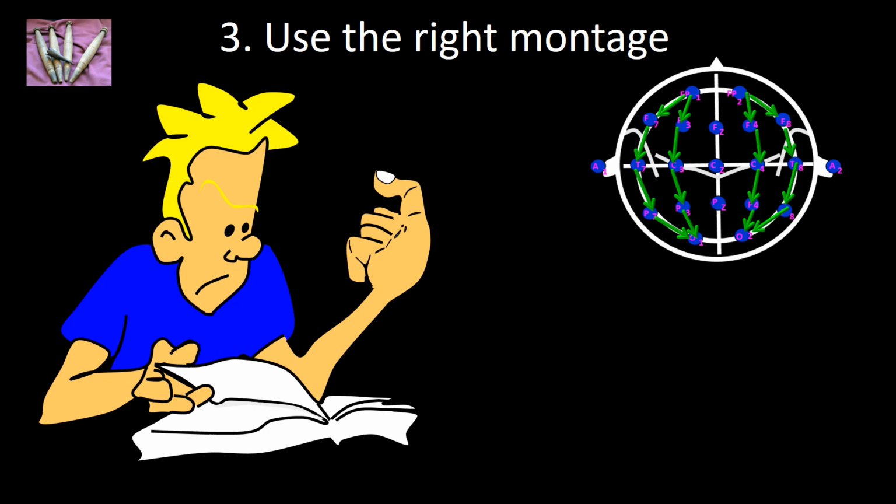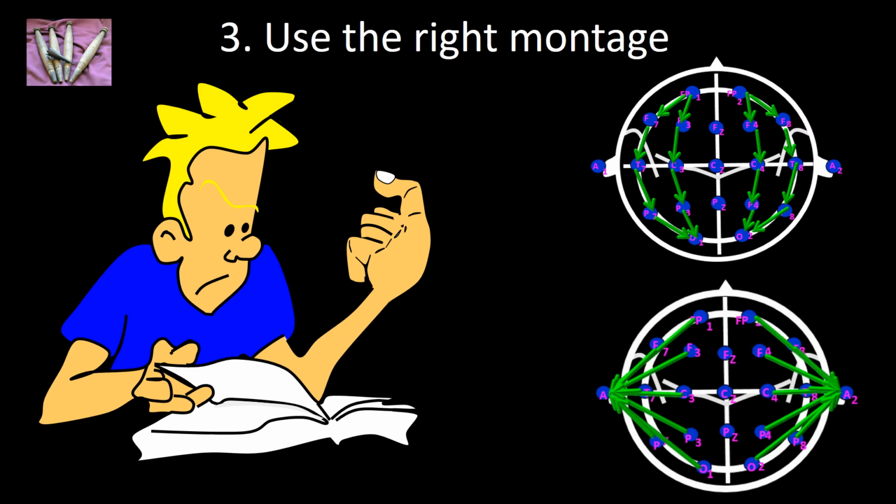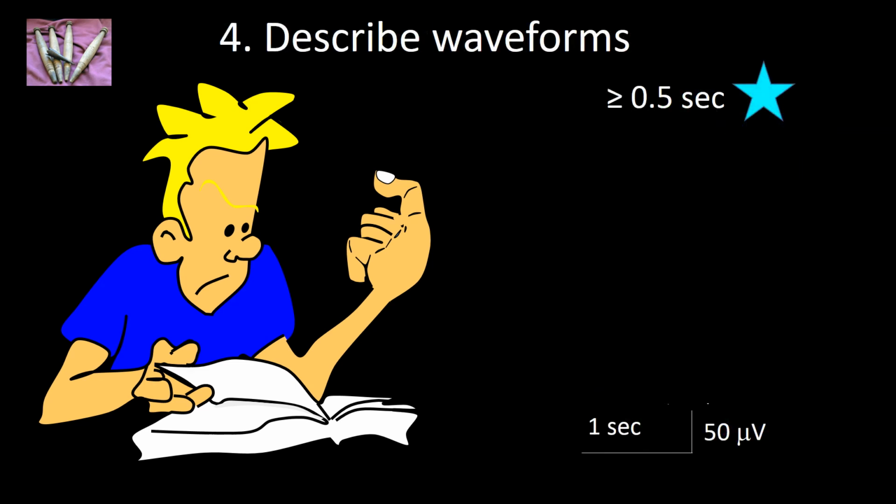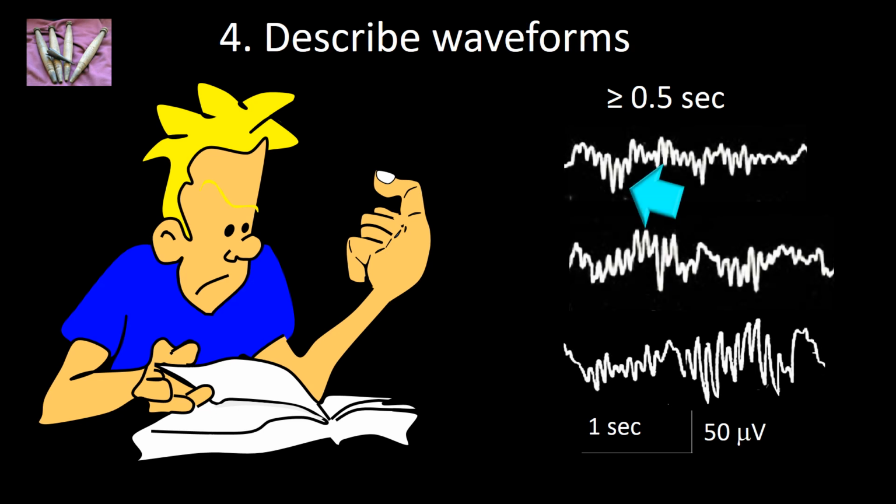Sleep spindles are well appreciated using double banana montage and also using referential montage to the ipsilateral ear. By definition, they must be half a second or longer. The shape of the individual waveform can be monophasic or biphasic.